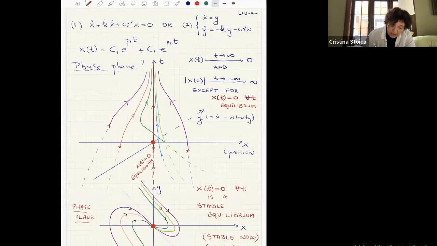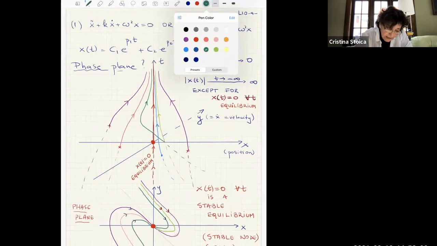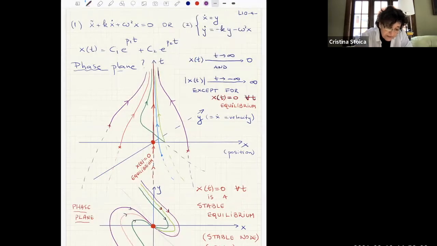It ends in the equilibrium. It ends, yes, but asymptotically. This violet solution up here in the physical world never touches the equilibrium solution drawn in red. It's asymptotically going to it.